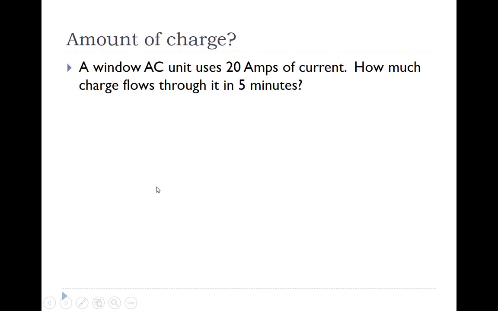Let's do an example where we do a calculation of electric current. So we are told the current, 20 amps. And this is a time, but it's in minutes. So I'm going to convert that to 300 seconds: 5 minutes times 60 seconds per minute.